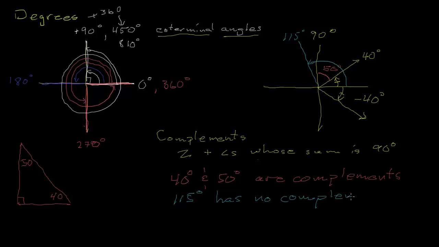And the reason is because I can't add a positive angle to 115 and get 90 degrees. If I had a triangle with a 115 degree angle in it, it'd be obtuse, and it wouldn't have a right angle in it at all. So that's no complement. Try to get that.